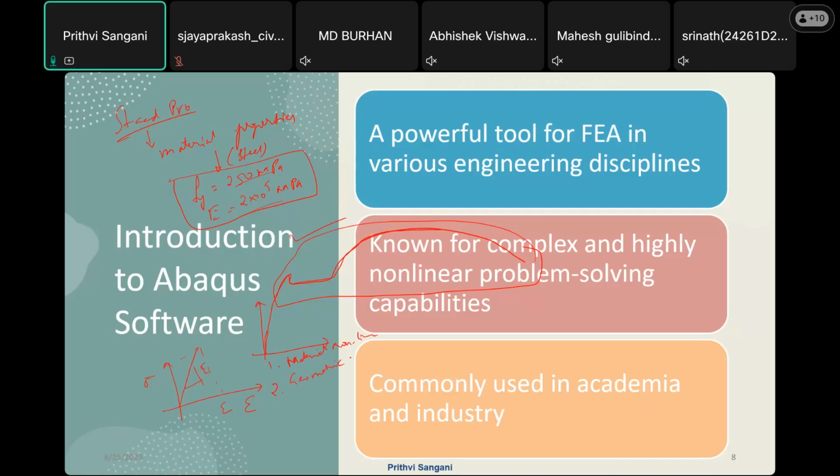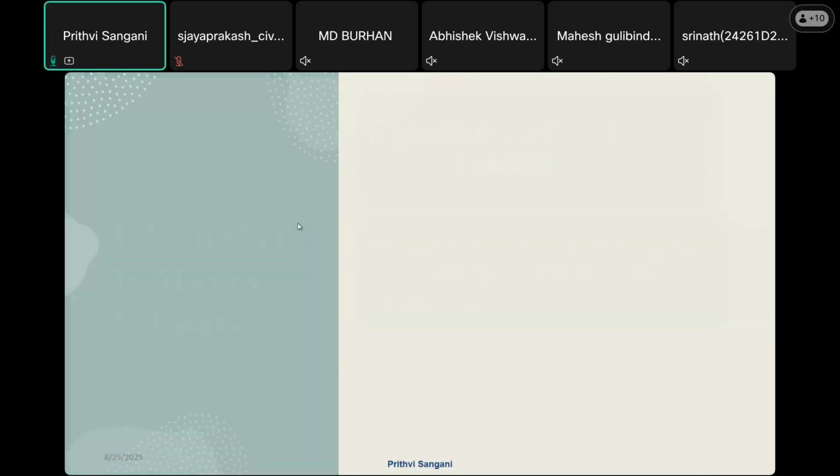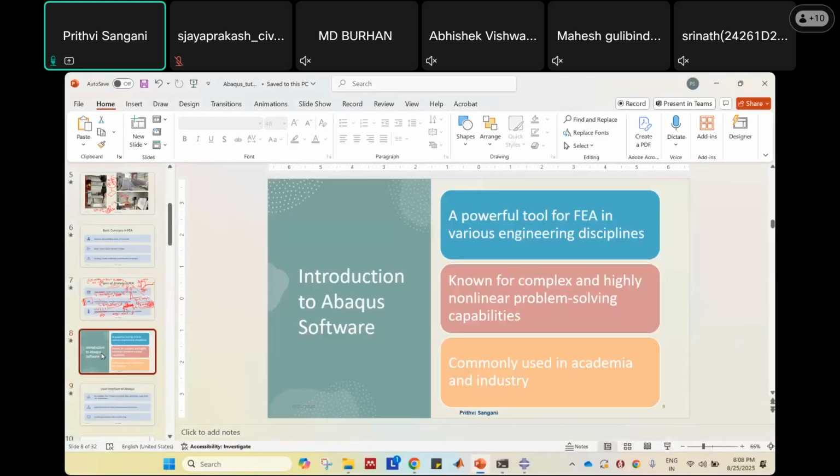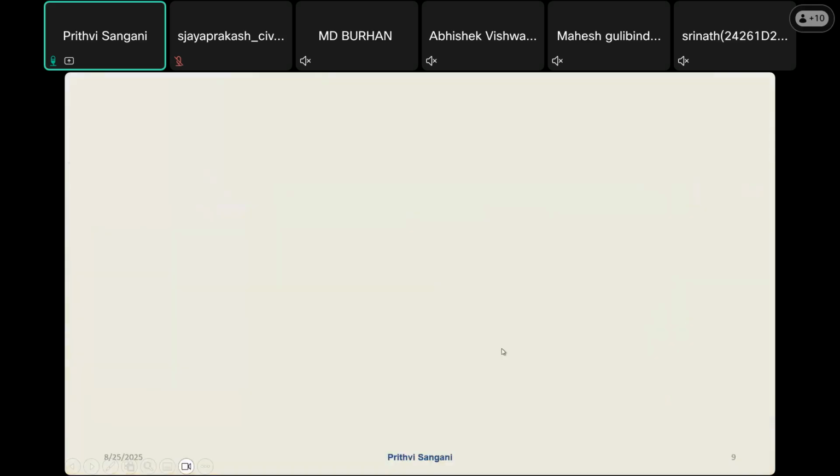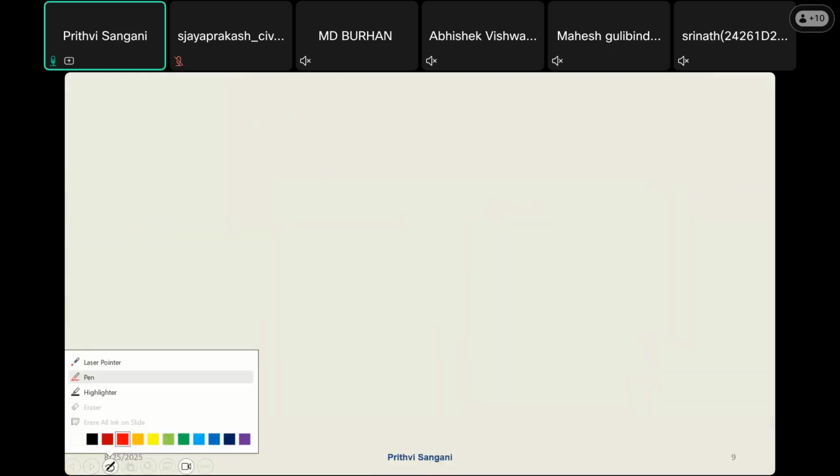See, what does geometric non-linearity mean? I think it's better for me to open a new slide and write it, because even I'm getting confused. Yeah, this should be better. I should have done this from the beginning.